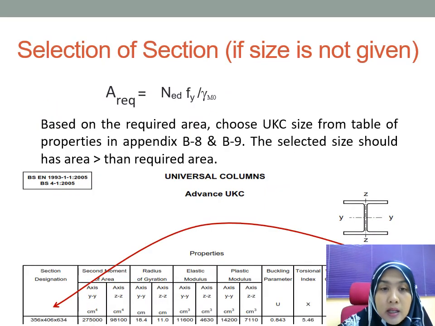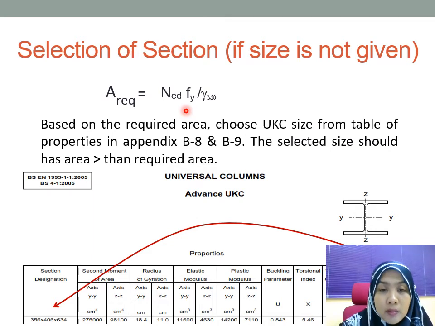Next is the selection of the section if size is not given. Let's say you have NEd and you would like to suggest the size of the column you are going to use. This equation is taken from the compression check of the column. We rearrange the equation to get the required area, A required, using our NEd value. Fy is the steel yield strength of the section, depending on the steel grade you use.